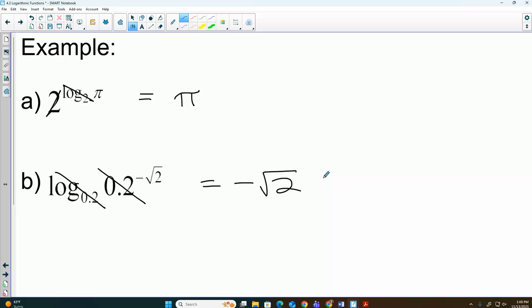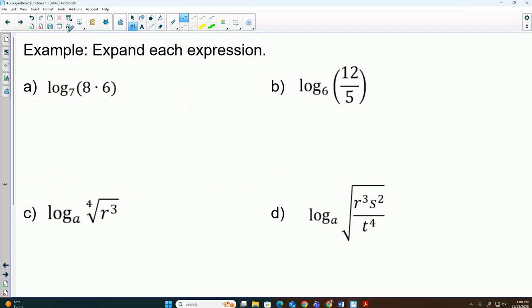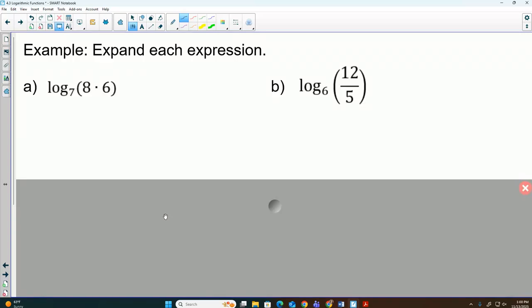Let's do one final slide for today. This is what we're going to start with tomorrow. Using our properties to rewrite some expressions. If I ask you to expand, that is telling you to use your logs to break this apart. If I have the log of things being multiplied, how do we break that apart?